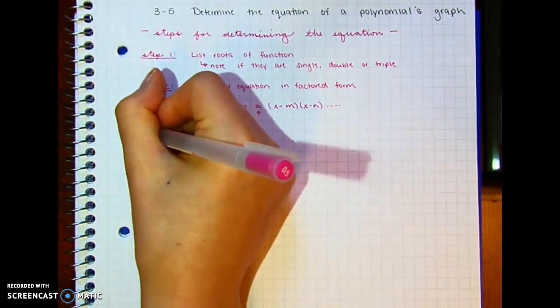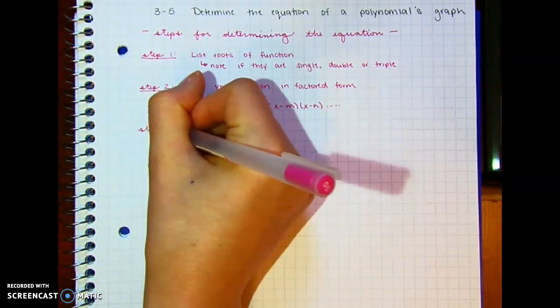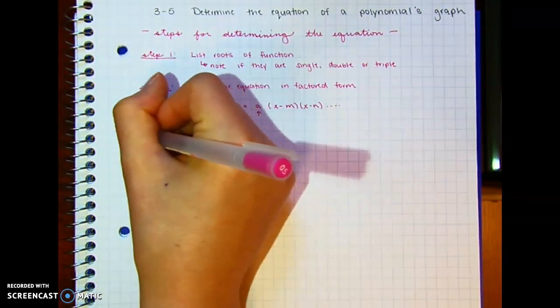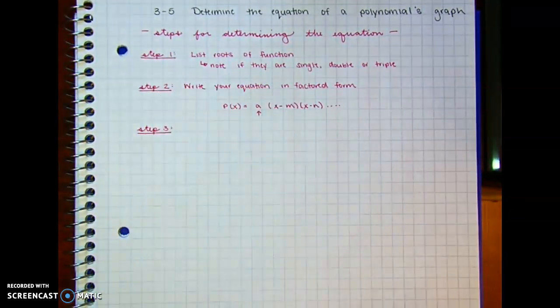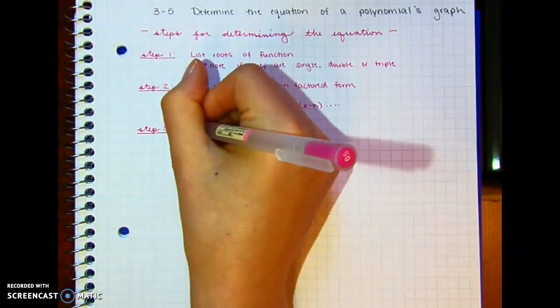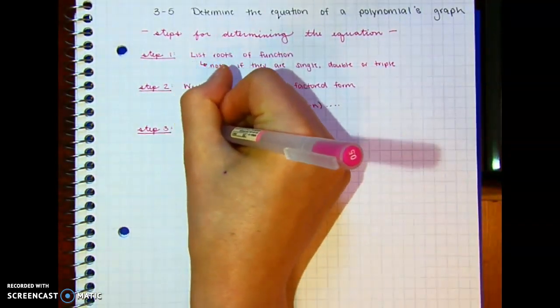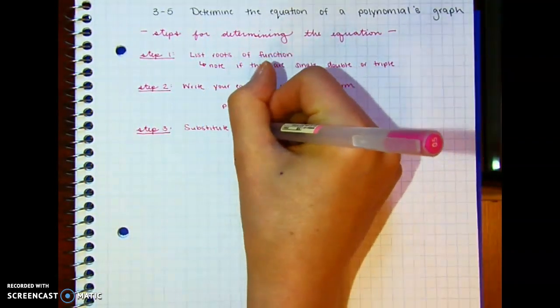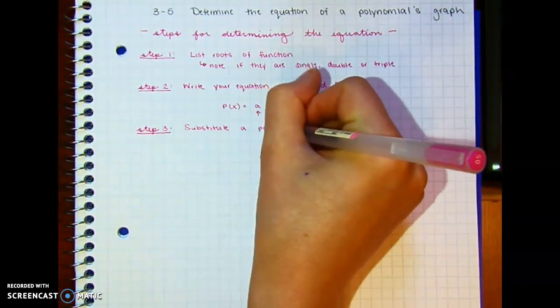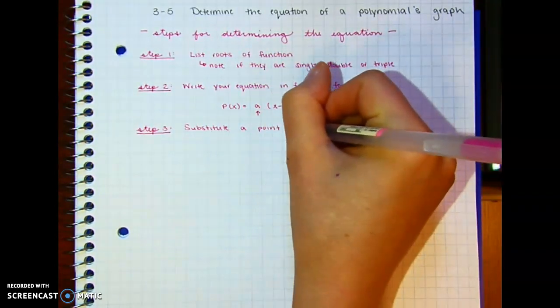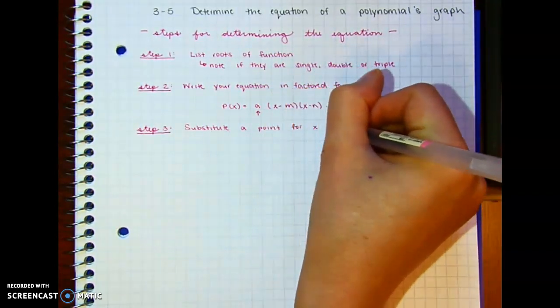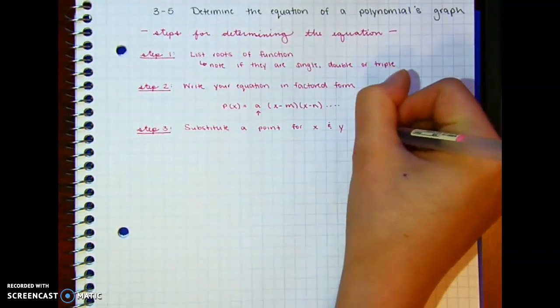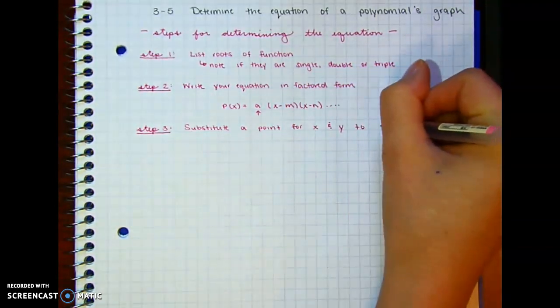So step 3, we want to substitute in a point for x and y to solve for a.